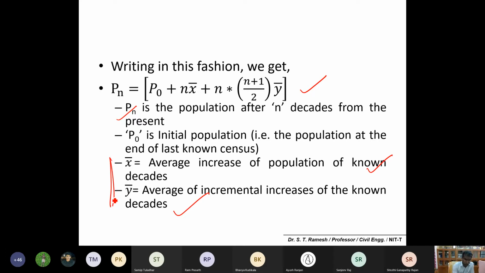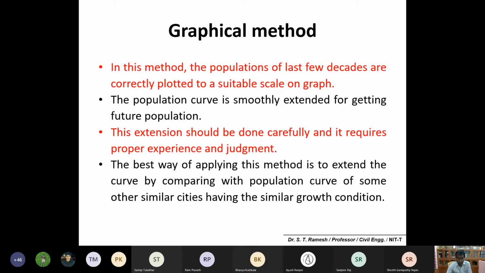So please make a note of this point. You need not remember the formulas, but at least for your examination you can have them for your reference and calculate only the parameters or values. So this is what we have discussed.